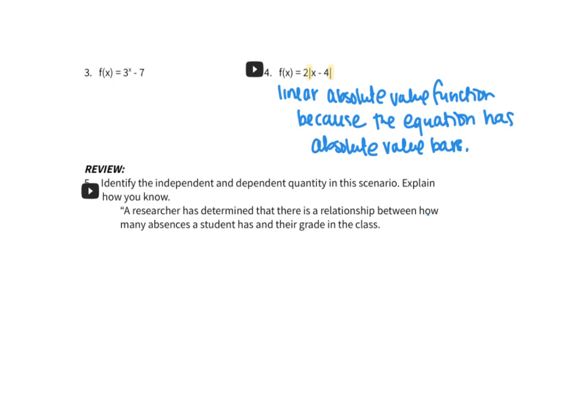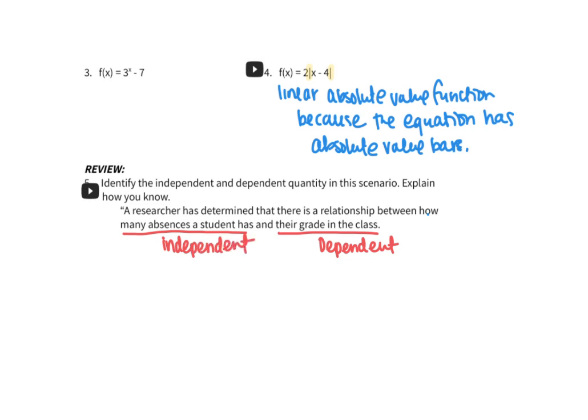So if you're having trouble with these, what I suggest doing is identifying the two quantities, which would be how many absences a student has and their grade in the class, and then saying, is it the absences depend on the grade, or the grade depends on the absences, and see which one makes more sense. So to me, the second one made more sense. The grade depended on the absences, which means the grade in the class would be the dependent quantity, and the absences would be the independent quantity.